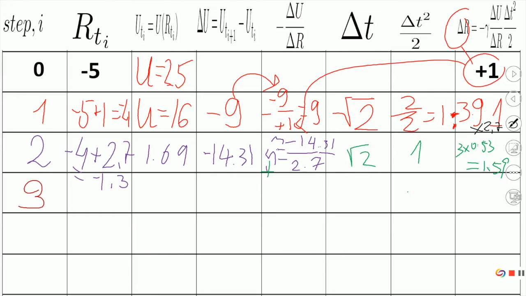Minus 1.3 plus 1.59 is 0.29. Yes, right. Maybe you can write in the next lower cell if you need more space. It's 0.29.